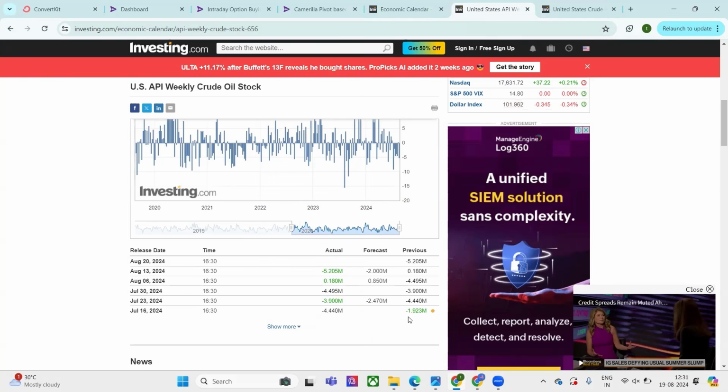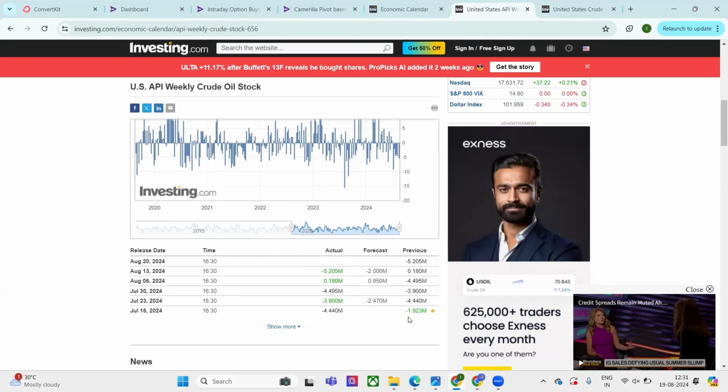So this is 3.9. This will go here, and next time it is again compared to 3.9, it is less. That shows demand. Then this time, minus 4.495. But look at the forecast here. Forecast is 0.85, so actual is lesser than that.